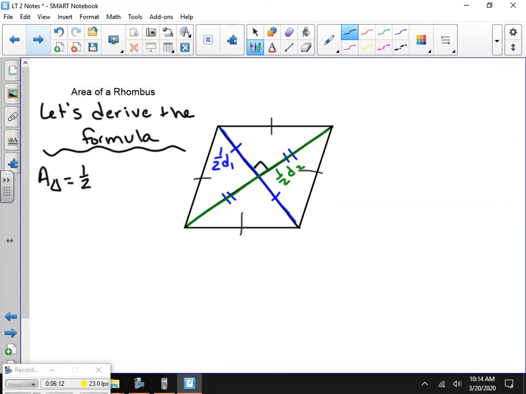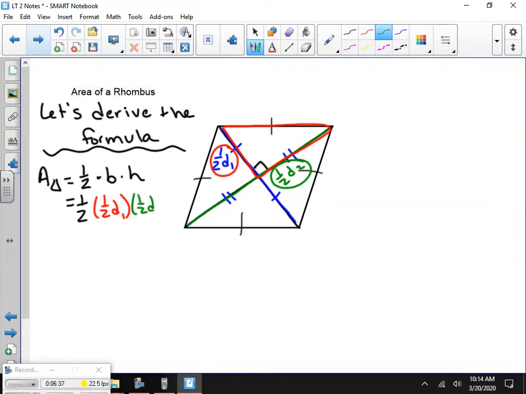The base of my triangle is 1/2 diagonal 1. And the height of my triangle, so if I'm focusing on this triangle, guys, the height of my triangle is 1/2 diagonal 2.